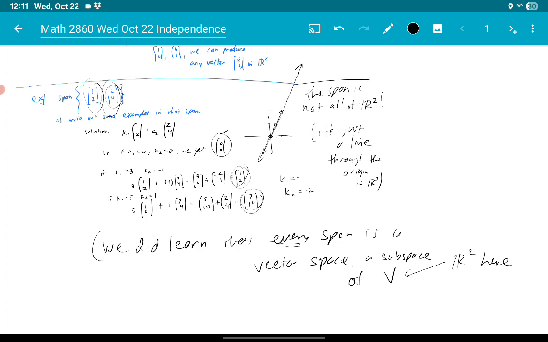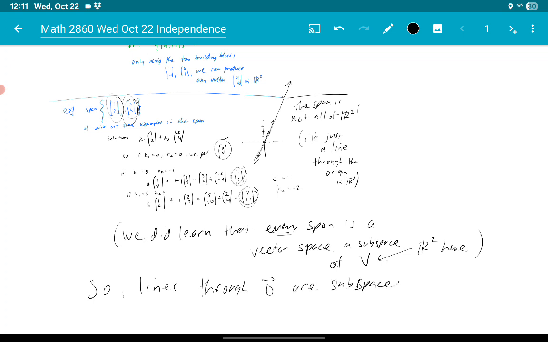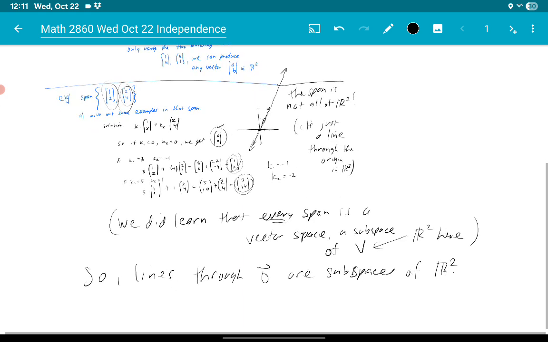Okay, so what we just learned is that a line through the origin is a subspace of R2. Lines that pass through the origin are subspaces of R2. Of course, there's infinitely many lines that pass through the origin, therefore there's infinitely many subspaces of R2.